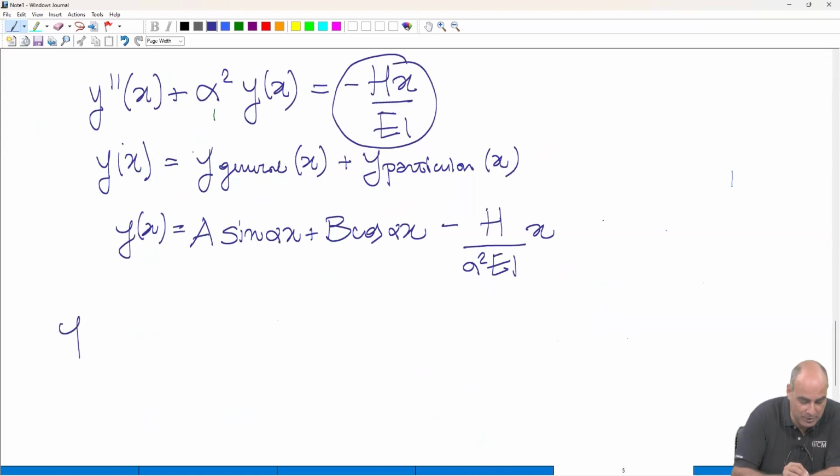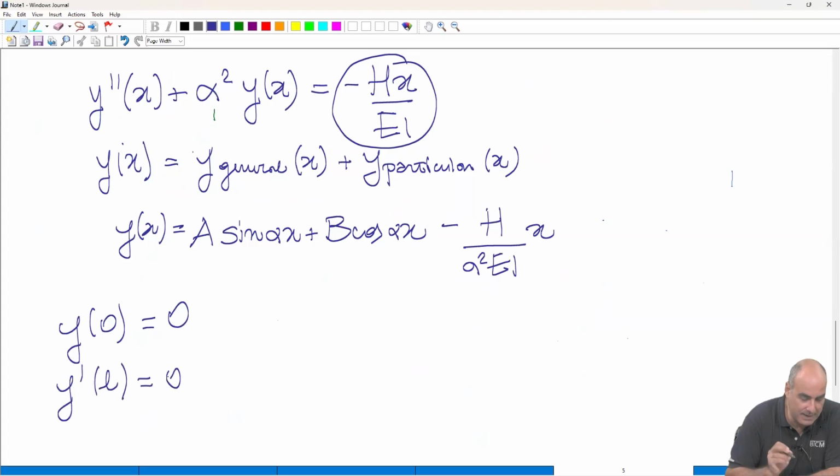So the boundary conditions in this case are: at x equal to 0, y is 0, and at x equal to L, the rotation, so the first derivative of y, is 0.